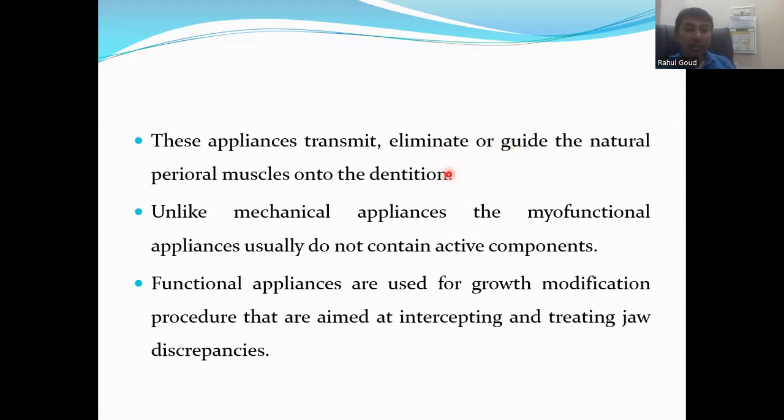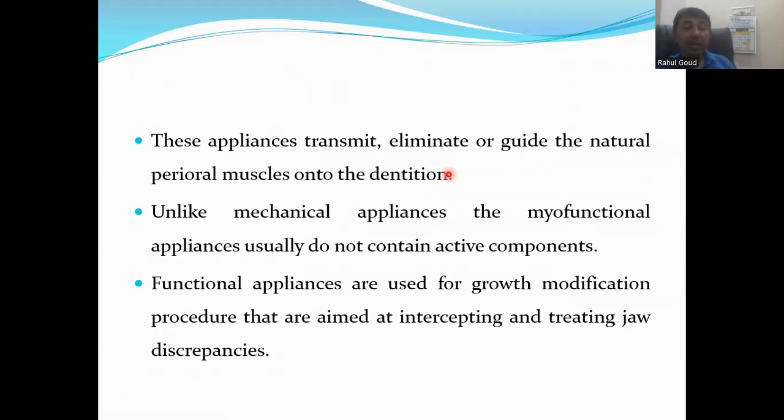Unlike mechanical appliances, the myofunctional appliances usually do not contain active components. The point to be remembered: mechanical appliances have active components, as we have discussed, that is the springs and elastics in the fixed appliances. They apply some force onto the tooth and cause some tooth movement. Whereas in myofunctional appliances, there are no such active components.